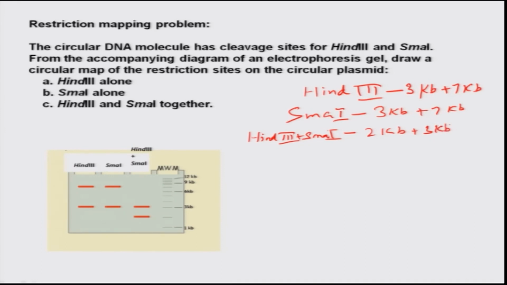So the total size of the vector here is 10 kb. So first let us draw a circle and the total size, which is 10 kb.